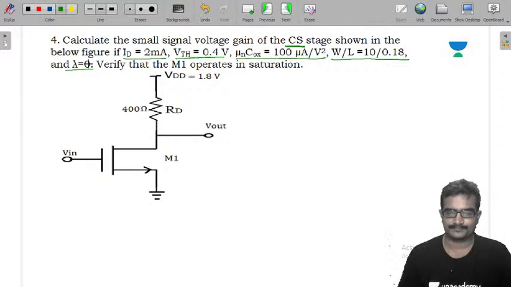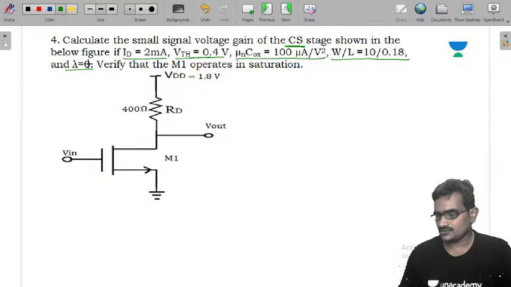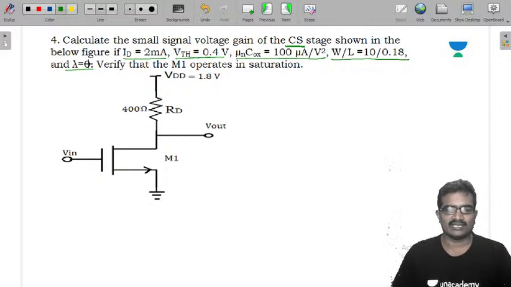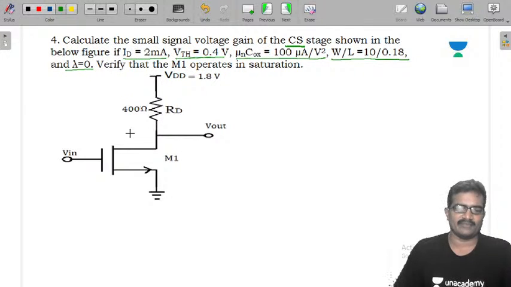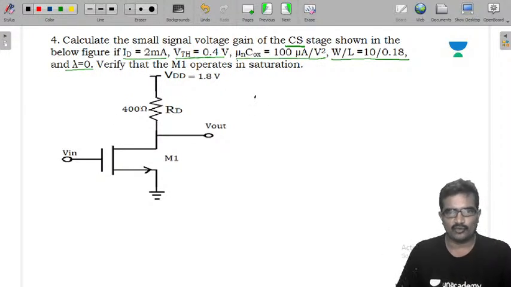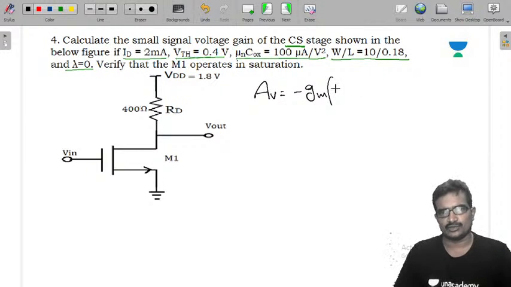Okay, now first they want the voltage gain. So the voltage gain of this one, we already calculated, is minus GM into RD. See this? Voltage gain is minus GM into small rO parallel with the capital RD.